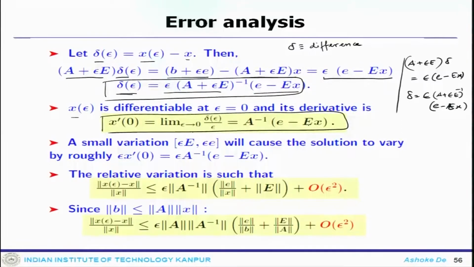So, a small variation will cause the solution to vary roughly by epsilon into x prime 0, which is nothing but epsilon A inverse (e minus E x).